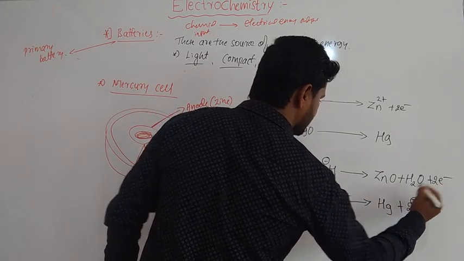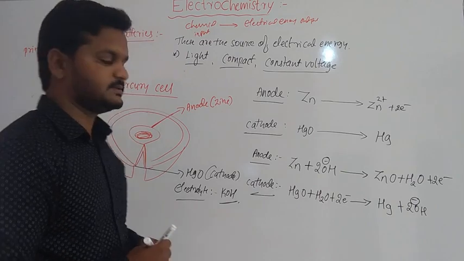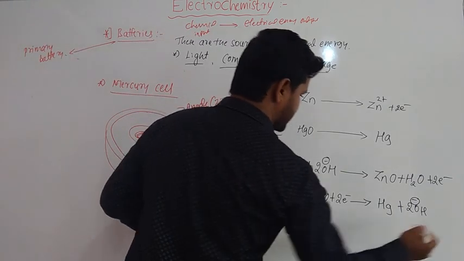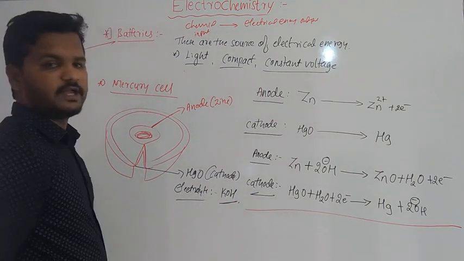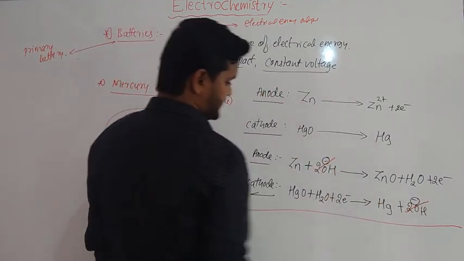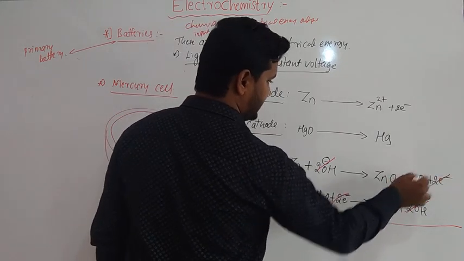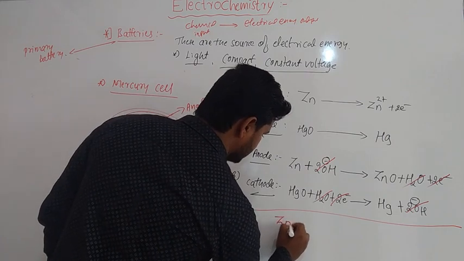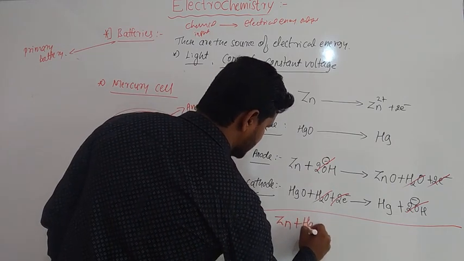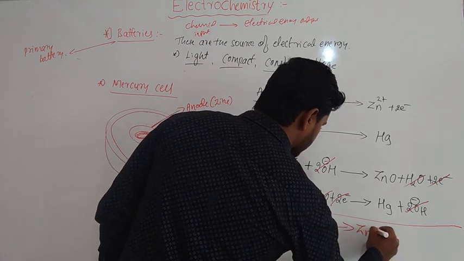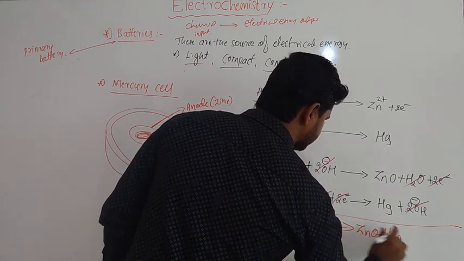This is the cathodic reaction. And the net reaction or overall reaction, just remove this 2OH-, cancel each other, 2 electrons, and H2O. Then what is the remaining, students? Here Zn plus HgO gives rise to ZnO plus Hg.